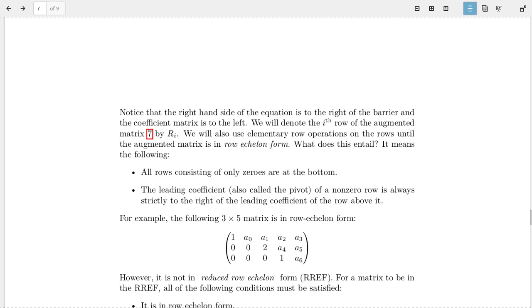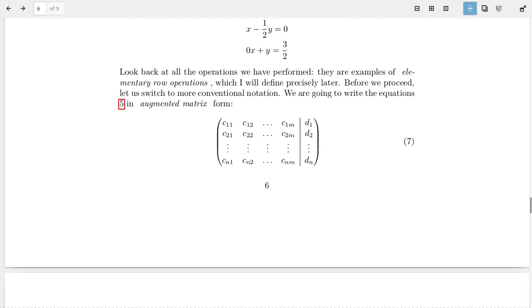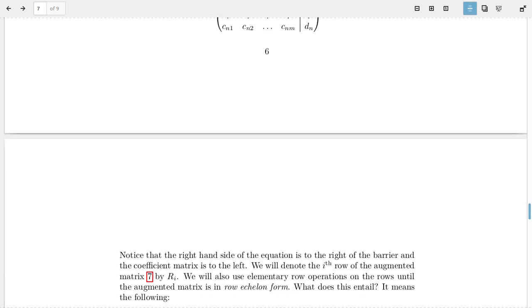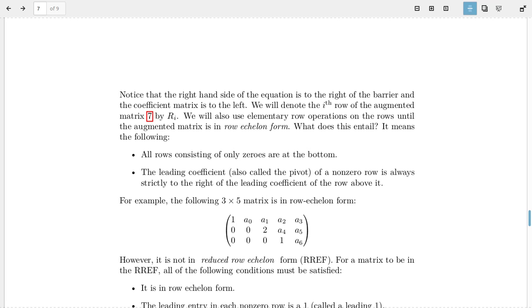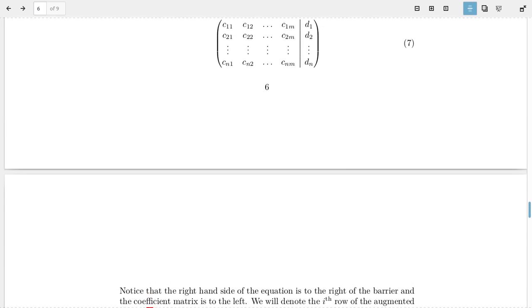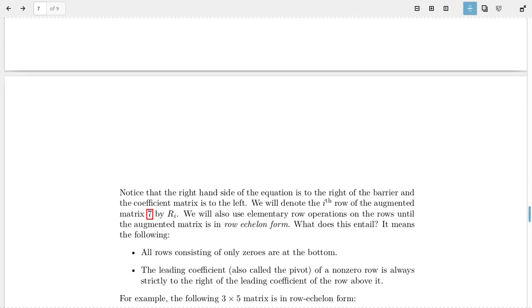Now, what does it mean for it to be in row echelon form? These are the criteria. If you have a row that consists entirely of zeros, for example 0 0 0 0 0 0 all the way to the end, then that row must be at the bottom.